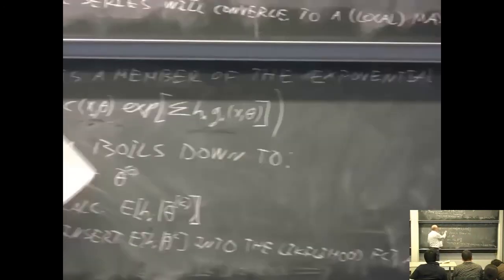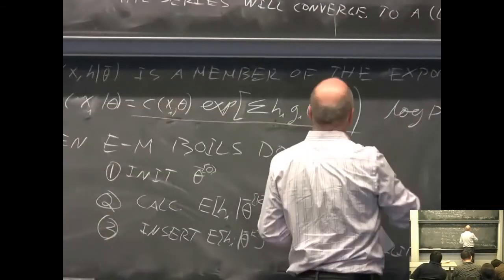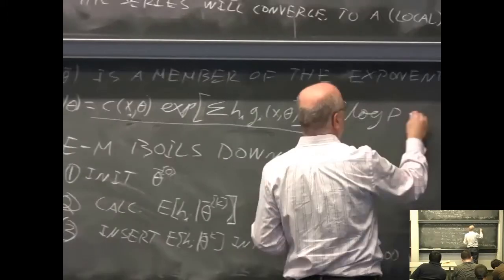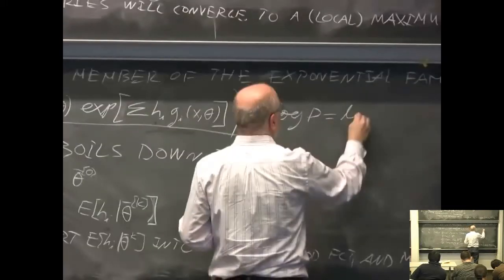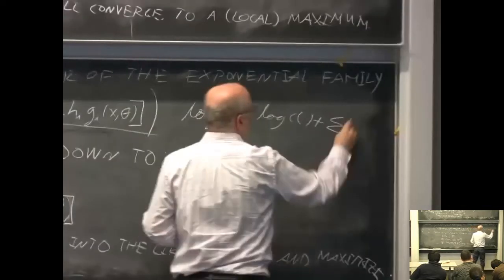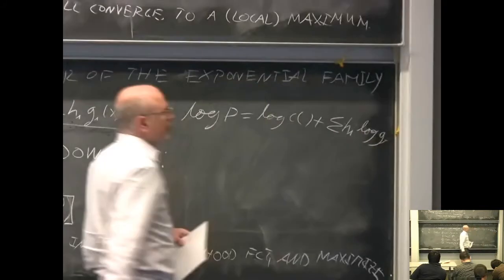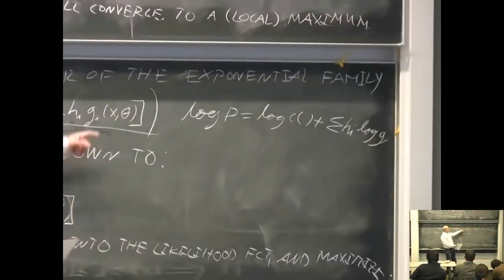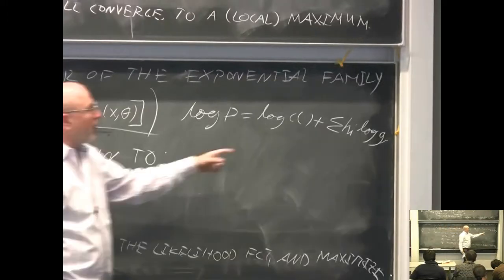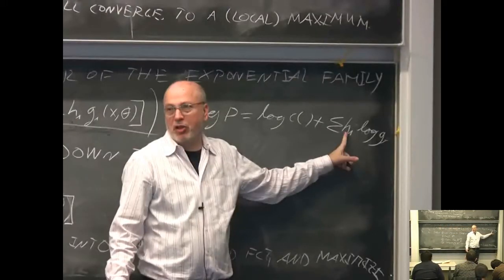Remember, if this is the likelihood function, then the log P looks like log of C plus sum of HI log of G. Right? Just took the log of this. And then all you have to do is plug in, instead of the HI, their expectations.